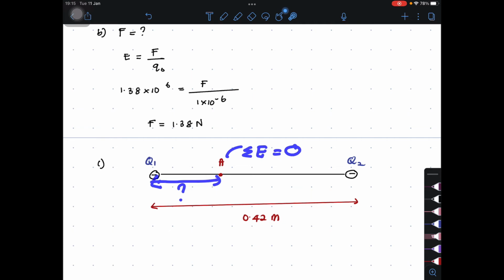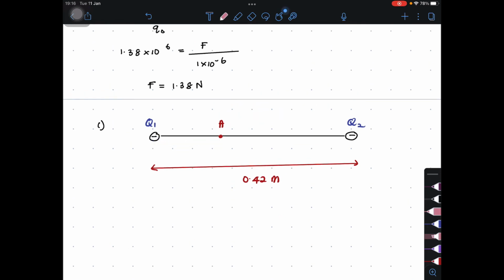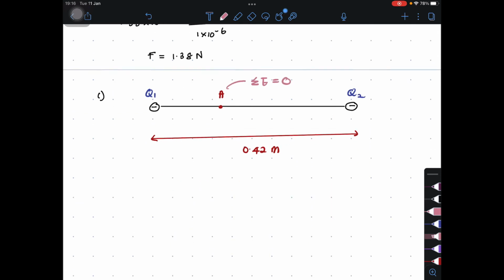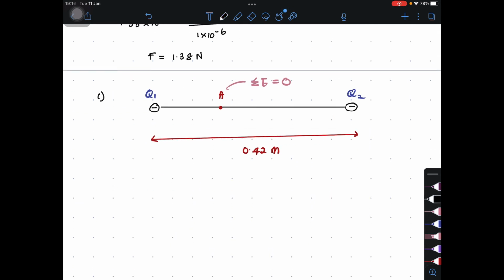This one is actually the same as example 4, but example 4 was in terms of force. Now we want to find it in terms of electric field. Since here the net electric field is equal to zero, the net electric field is E1A plus E2A, which is equal to 0.